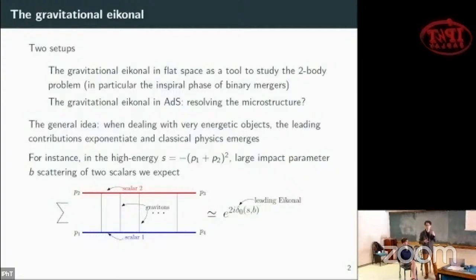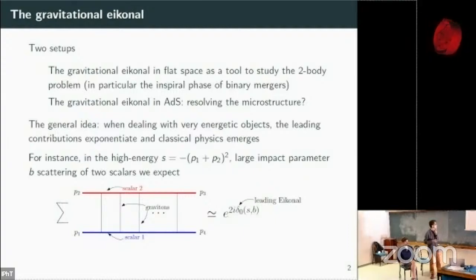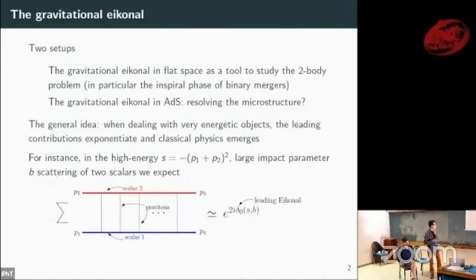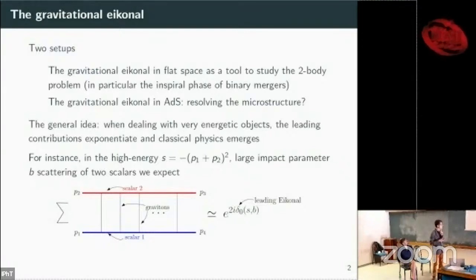So this is kind of an EFT approach where you put as little information as possible about the heavy state, just saying that it has some mass and the minimal coupling that you have to have. And so you have one scalar with some mass m1 and some scalar with some mass m2.